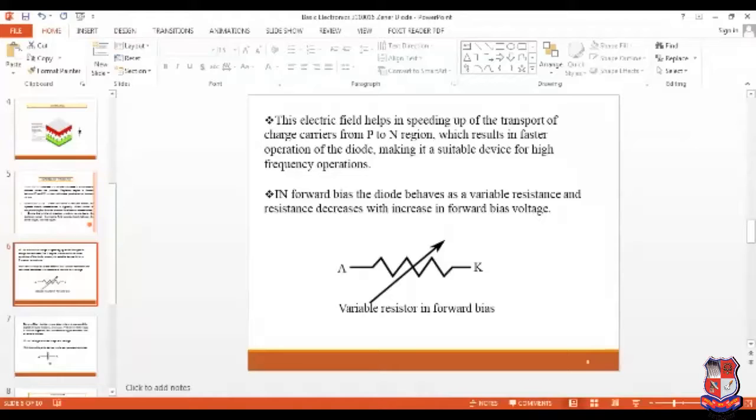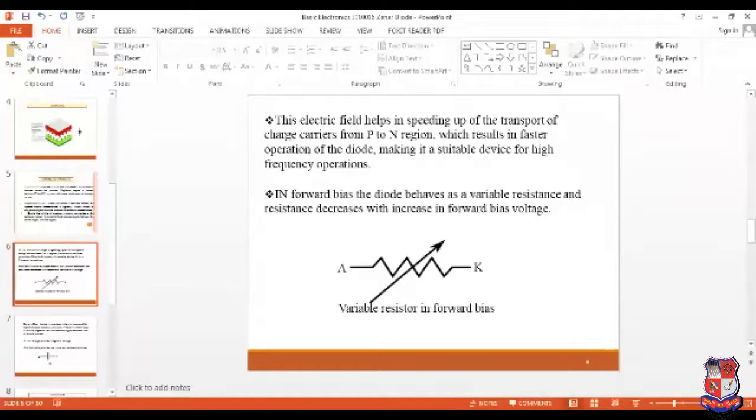Let us understand this by seeing the PIN diode in forward and reverse bias. When operating in forward bias, you can see the holes in P here and electrons in N here, as in reverse bias.